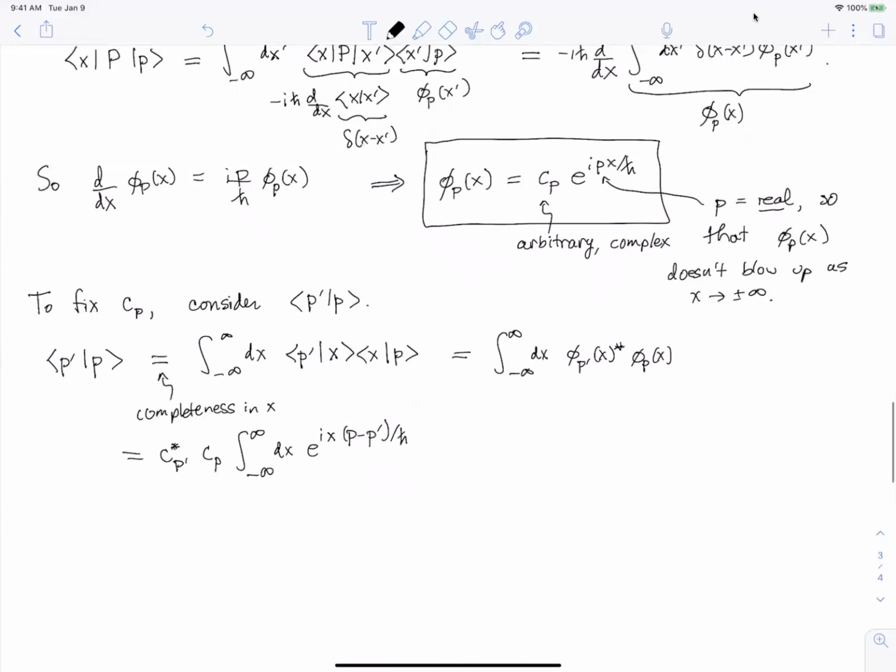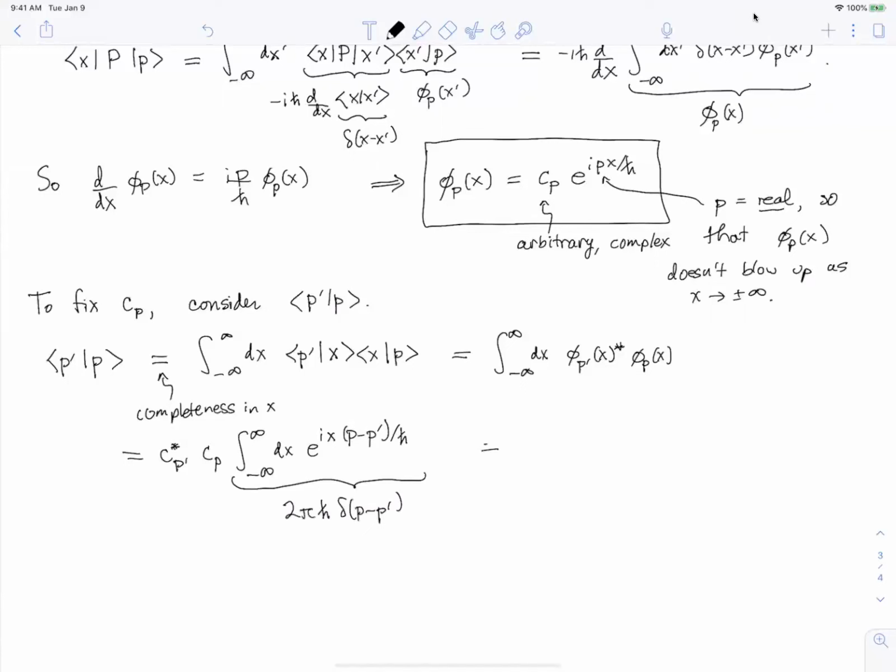All right, so now the nice thing about this integral right here is that when we started out the lecture, we actually started with this integral, up to some factors of 2 pi and h bar. If you look back, this turns out to be 2 pi h bar times the delta function of p minus p prime. That's what that integral was.